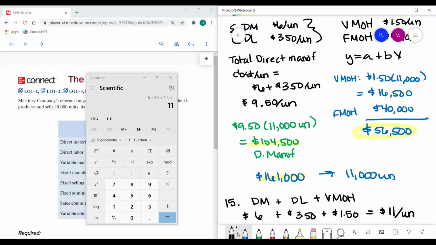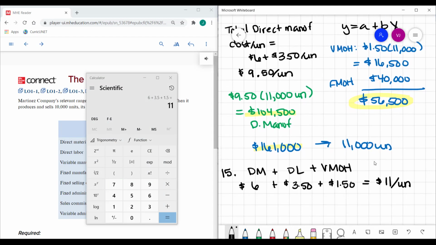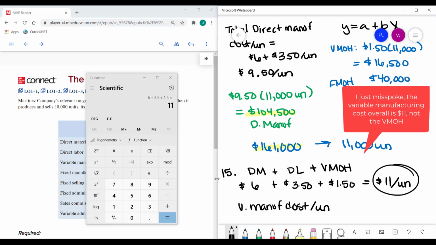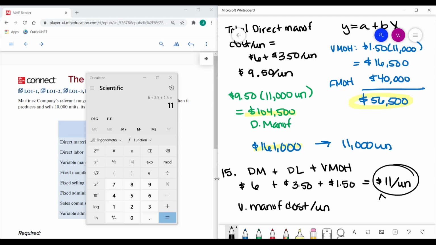So in other words, what did we really find here? We really found the variable manufacturing cost per unit, right? Because variable overhead is also a manufacturing cost. The variable manufacturing cost is $11 per unit. So if I make one extra unit, it's going to cost me on average about $11 in terms of additional manufacturing cost to produce that unit.